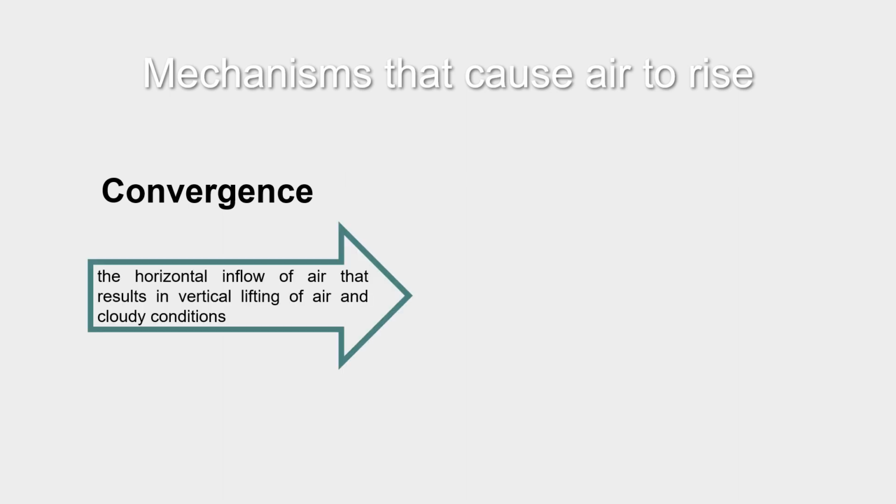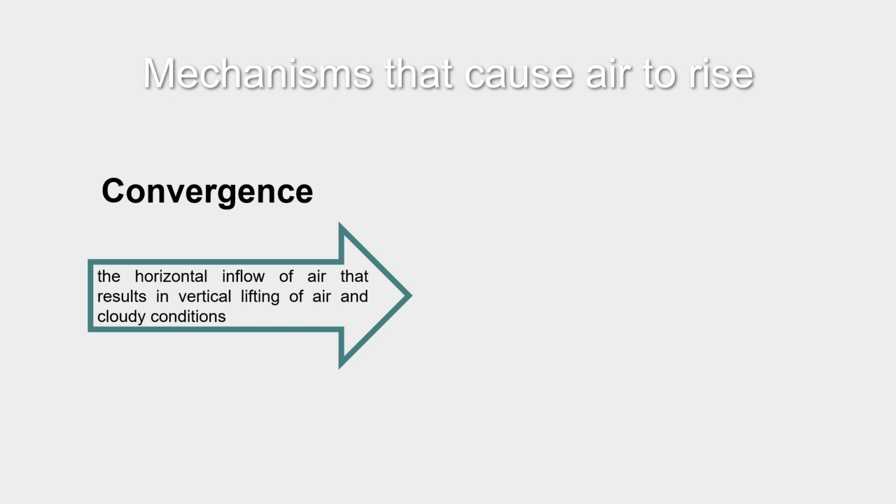So another mechanism is what we call convergence. When the wind pattern near the Earth's surface is such that more air is entering an area than leaving, this is what we call convergence lifting.